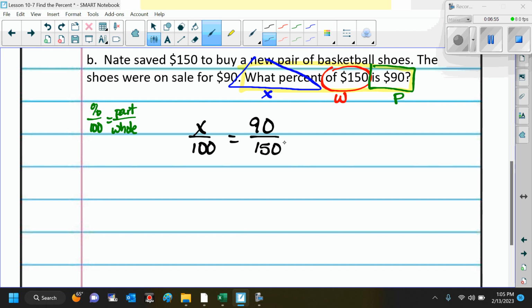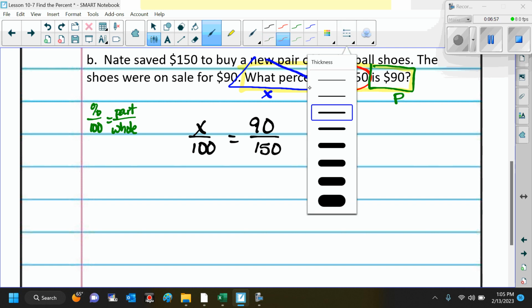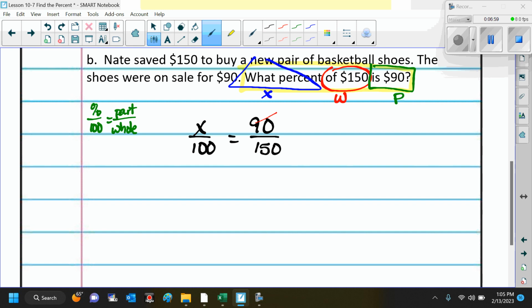Now we can cross multiply, and we get 90 times 100 is 9,000. And then x times 150, we have 150x, and then we'll divide by 150.